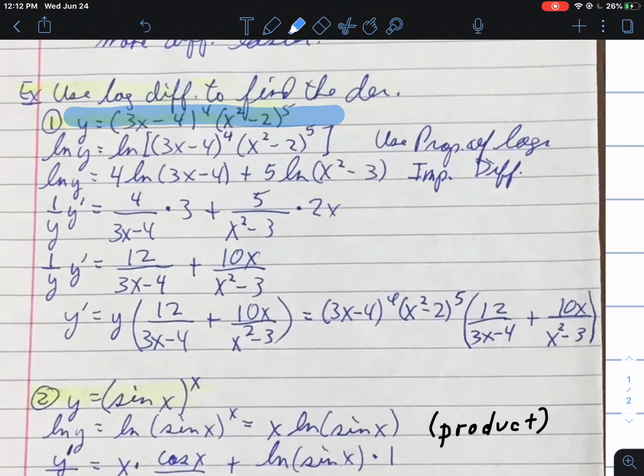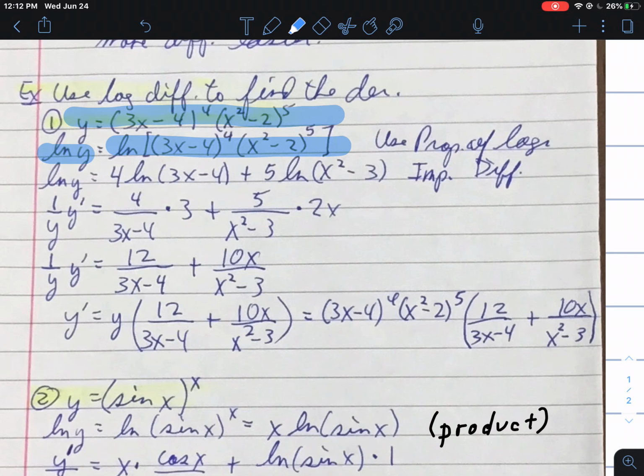Let's take the log of both sides. Let's take the ln of both sides of this equation. So the left side, I have natural log of y, and the right side is natural log of all of this stuff. Our reason for doing that is, again, the ends justify the means.